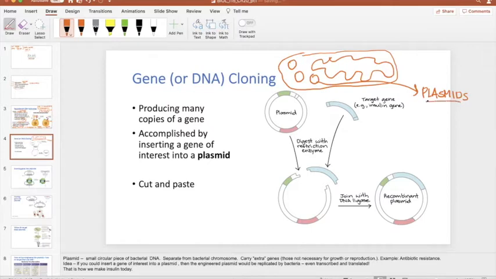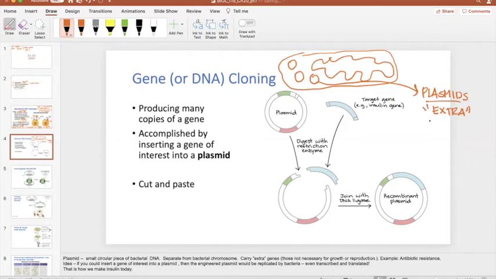And the plasmids are interesting. They don't really contain genes that are necessary for growth, reproduction, or basic cellular function. These plasmids contain sort of extra genes, things that are not necessary for the cell to survive, but it's nice if the cell has them.